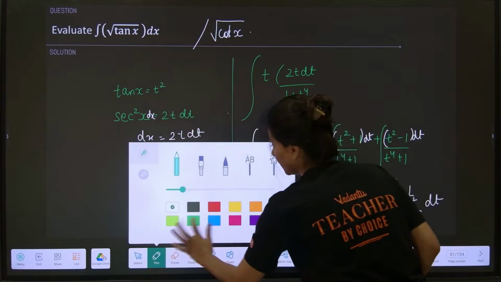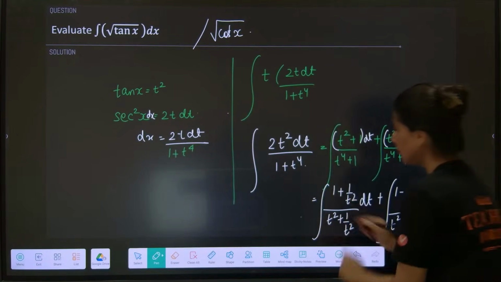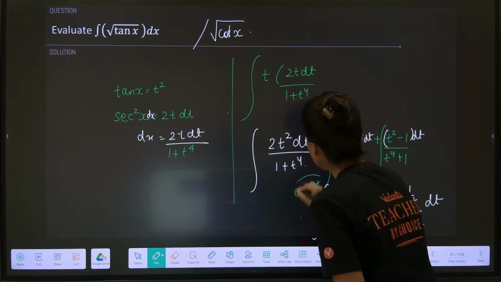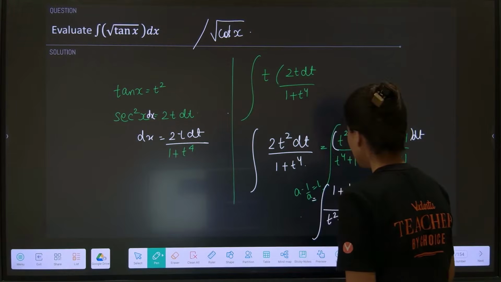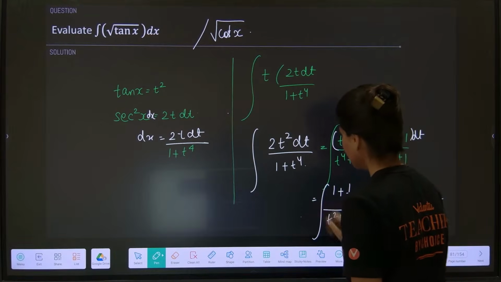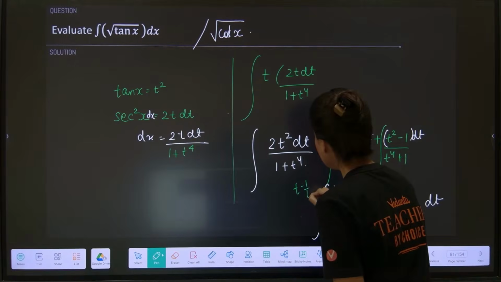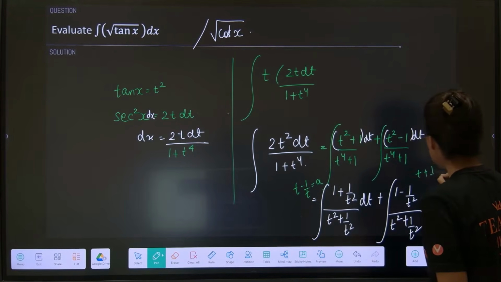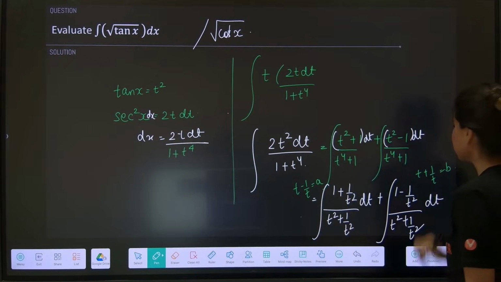So now just understand. In here you put t minus 1 by t equals a. And in this one, t plus 1 by t equals b.